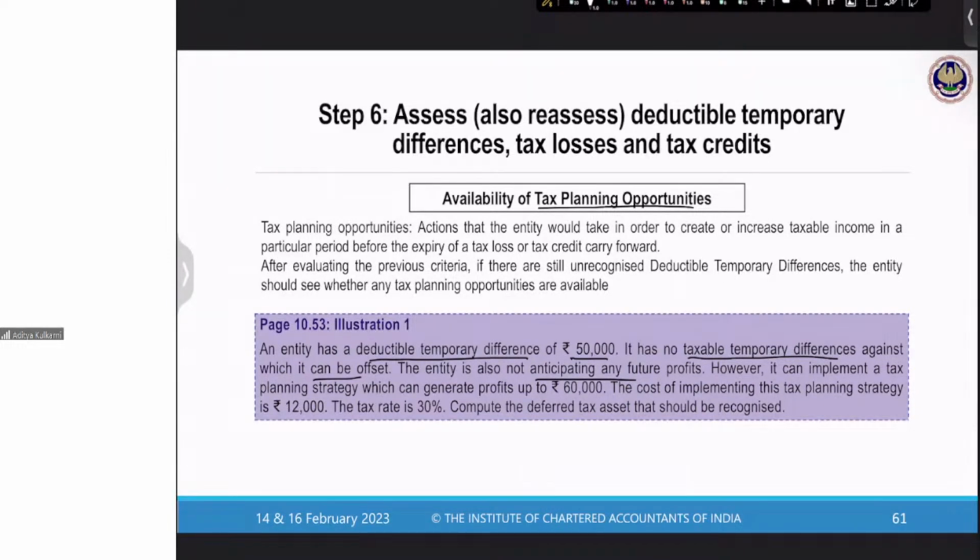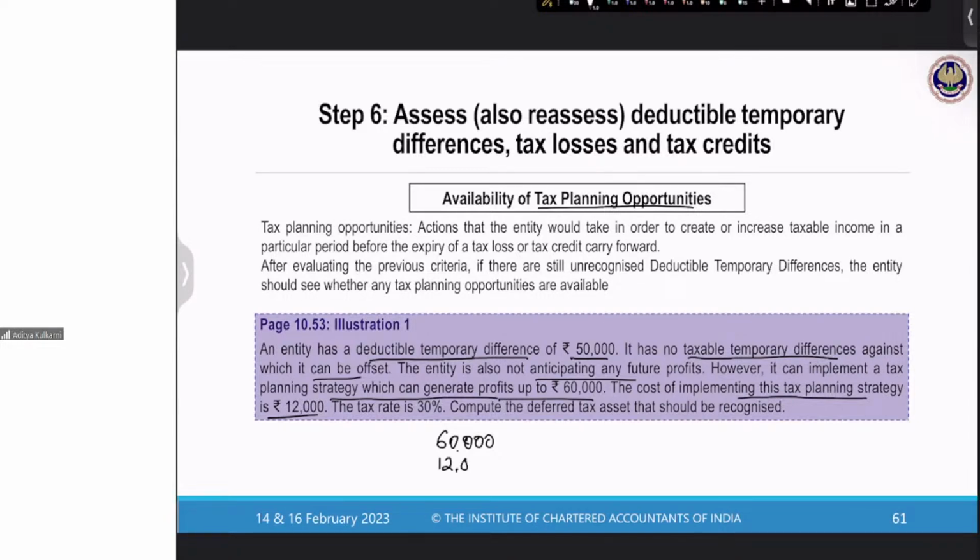However, it can implement a tax planning strategy which can generate profits up to 60,000. The cost of implementing this tax planning strategy is 12,000. So in the future, your tax planning strategy will give rise to 60,000 of profits.